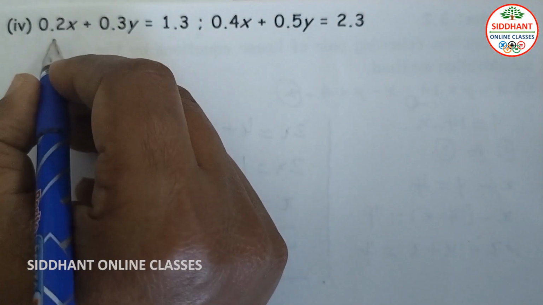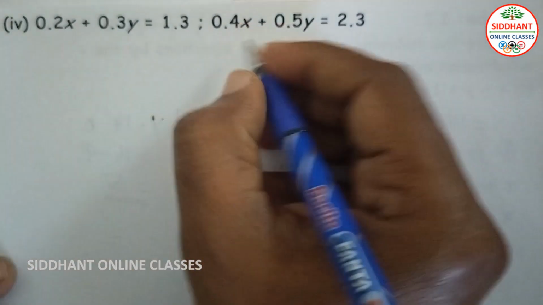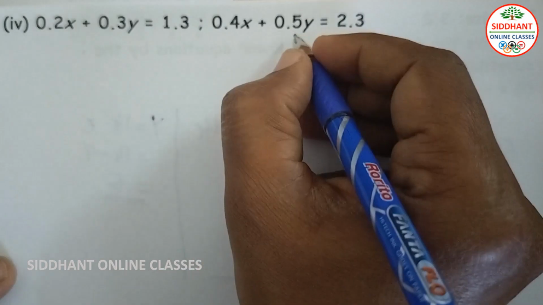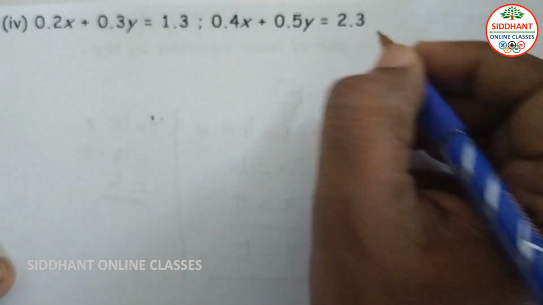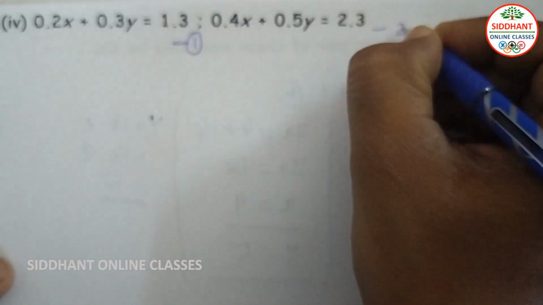Question number 4. 0.2x plus 0.3y equal to 1.3, 0.4x plus 0.5y equal to 2.3. So let it be first equation, this will be second equation.